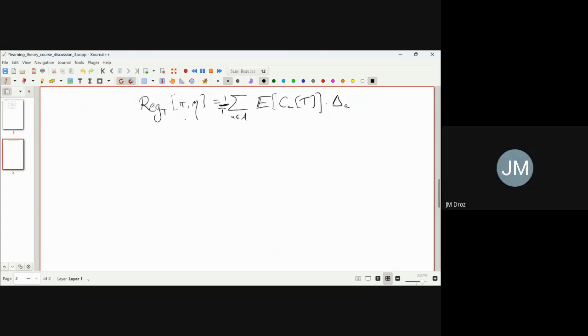Already by inspection, if you look at this formula, and you know that the regret will go to 0, then basically the expectation for the A's that have a non-zero gap will need to go to 0.